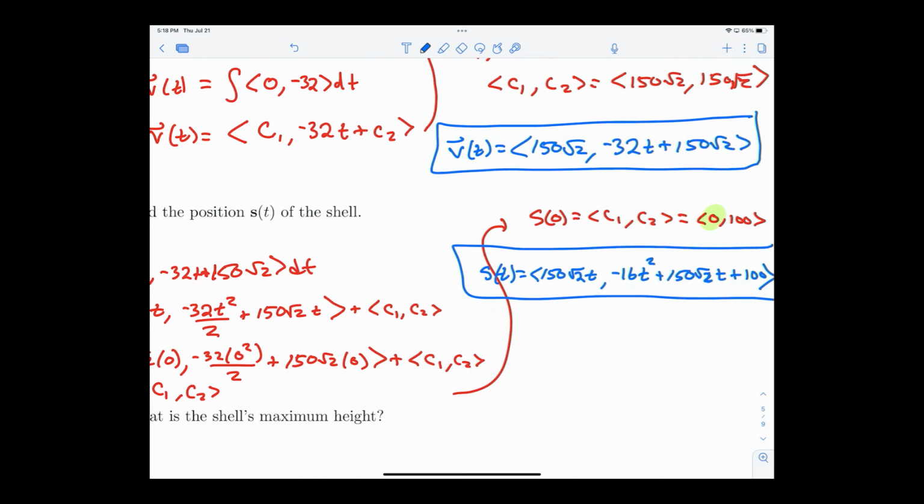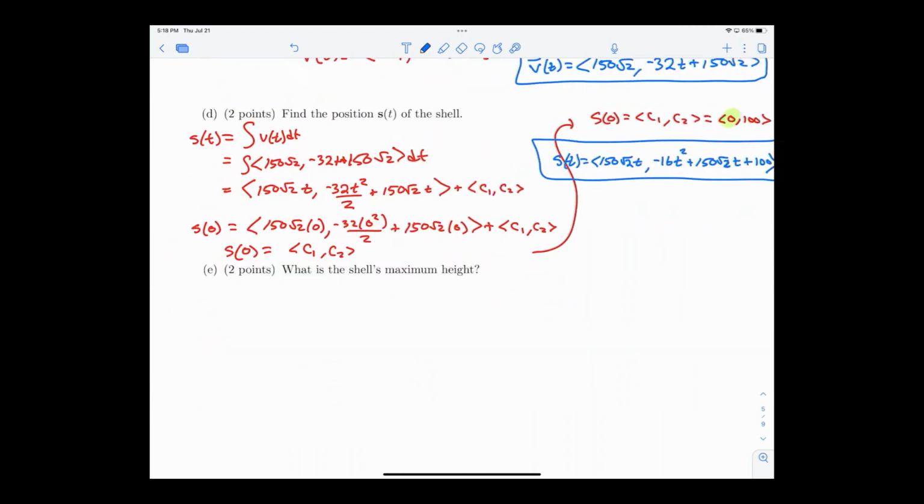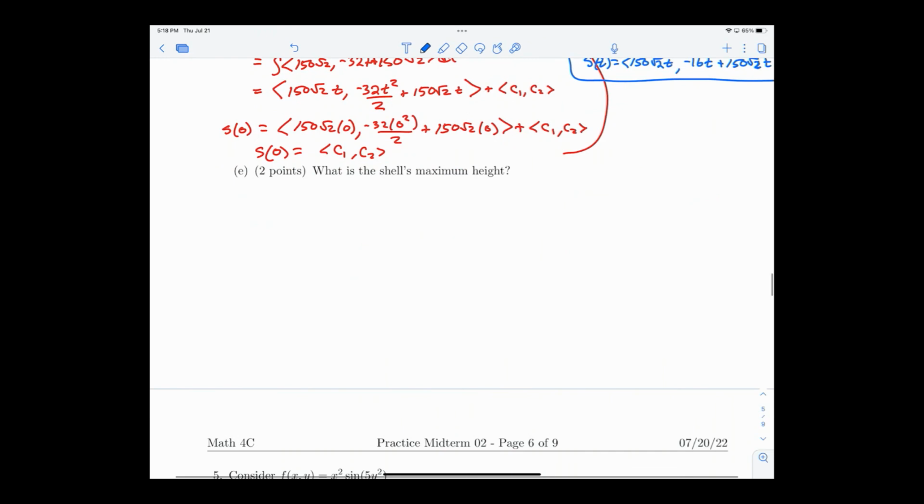Okay, and again, if you look in the textbook, you could have taken some shortcuts where there are formulas for these things, but we just did it by integration. What is the shell's maximum height?